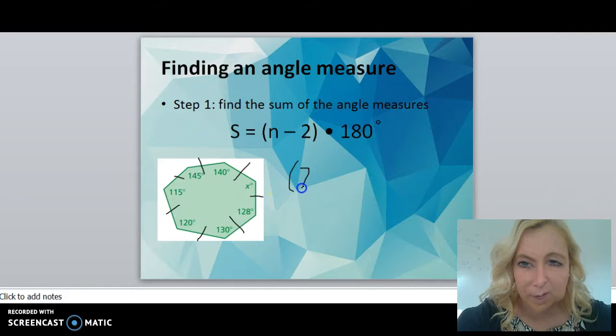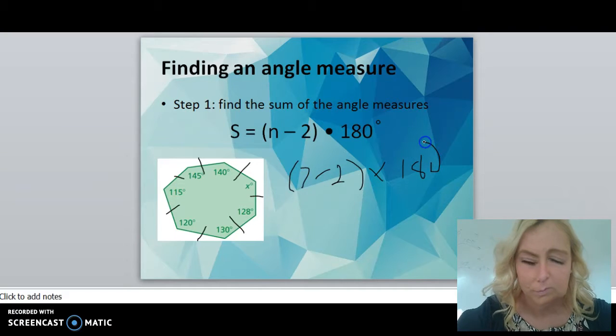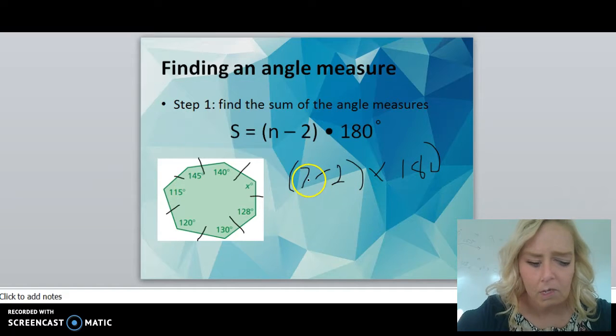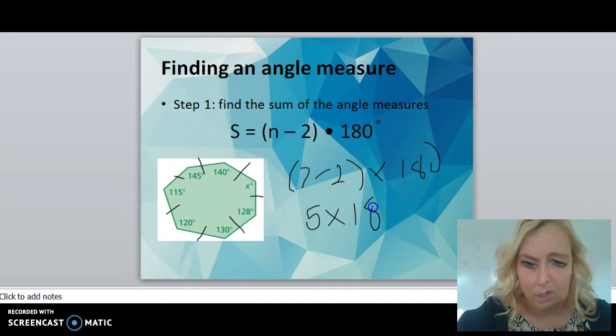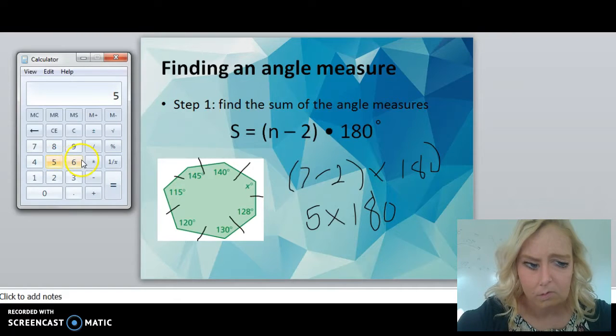So I'm going to take 7 minus 2 times 180. 7 minus 2 is 5. 5 times 180 equals 900.